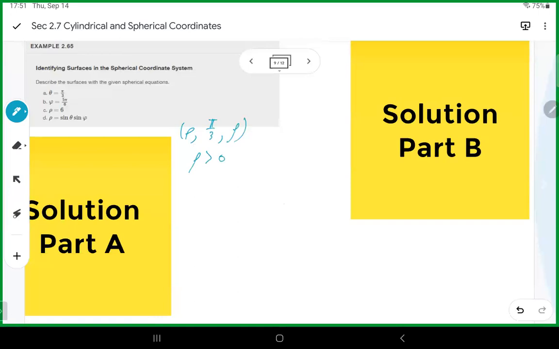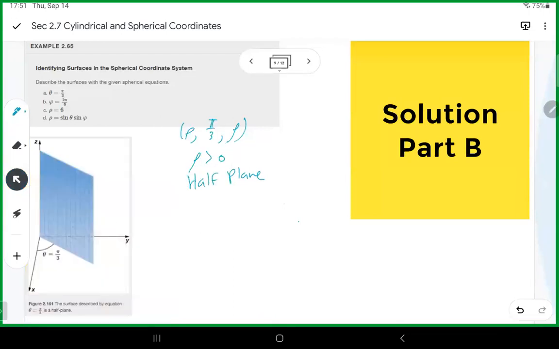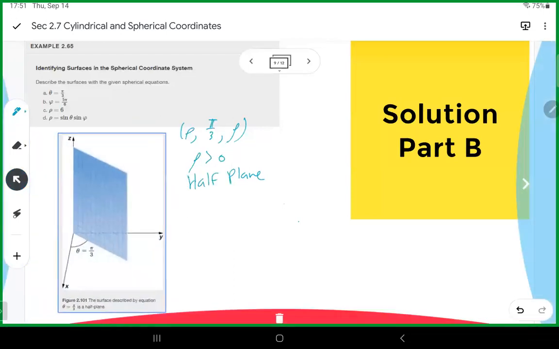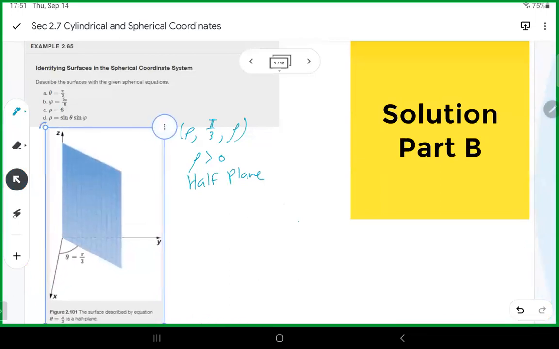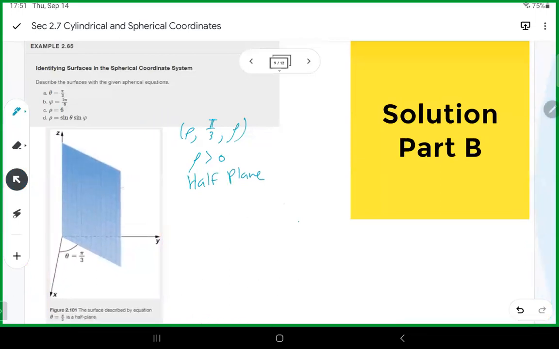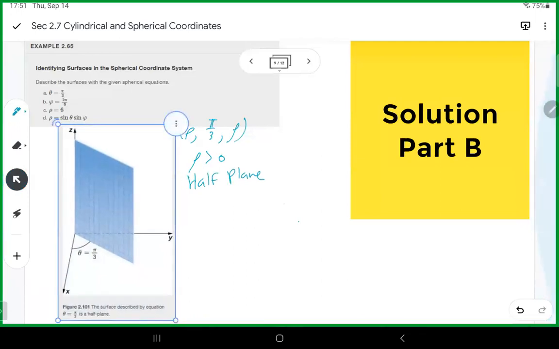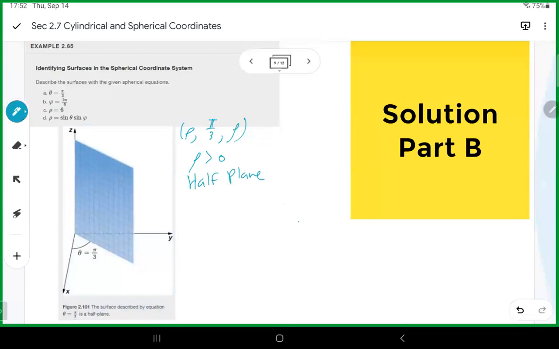The surface described by the equation is a half plane. And I will show you what it looks like now. Okay. So hopefully you'll be able to handle something like that on your own when you have homework.